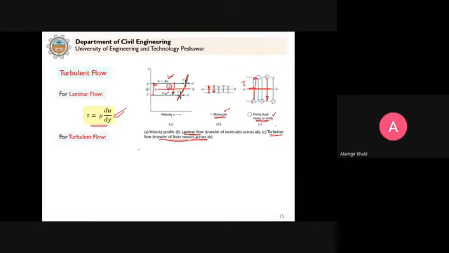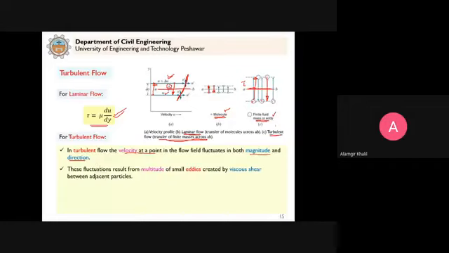So for turbulent flow, the velocity at any point in the flow fluctuates both in magnitude and in direction, as you saw in the previous slide. And these fluctuations result from a multitude of eddies.